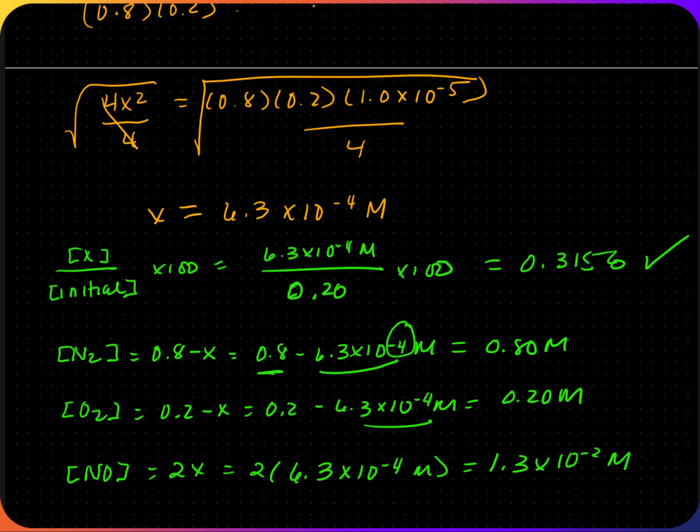Remember, the 5% rule only applies if it is less than or equal to 5%. If it is not, you cannot apply the 5% rule. Therefore, you need to do the math as is. The general hint to use the 5% rule is that the K value, the equilibrium constant, and the concentration given, their ratio must be bigger than 1,000.